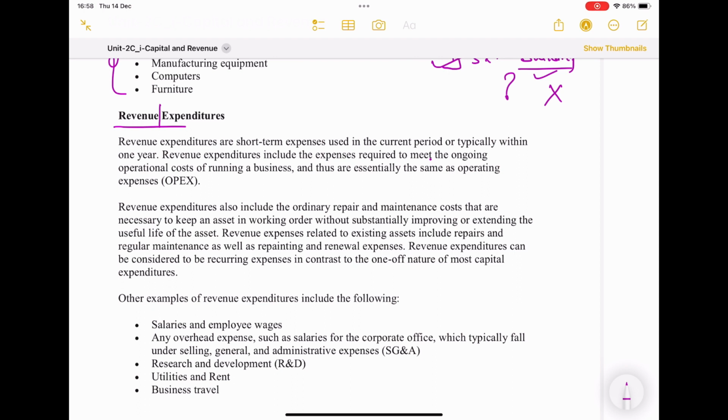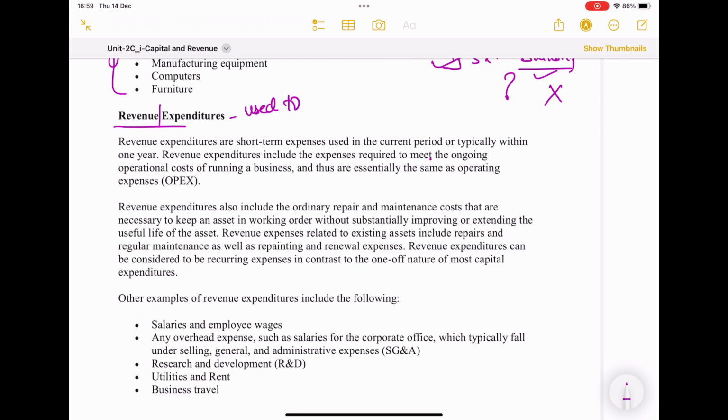Opposite to capital expenditures, revenue expenses are nothing but expenses incurred during the current financial year, or those expenses used for the day-to-day activities of the business. In simple terms, those expenses which are incurred at the time of business activities.